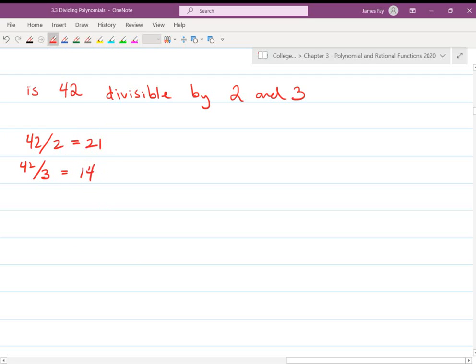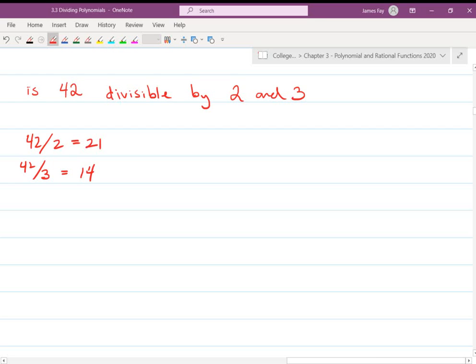We talked yesterday, if we say something is divisible, it means the result is a whole number, no decimal portions. And what we mean by that is, division is repetitive subtraction. If I take 42 and subtract 2 away from it until I get down to 0, that's going to happen 21 times. If I take 42 and subtract 3 away from it 14 times, that will get me to 0. Does that make sense? It's the way that we view division.